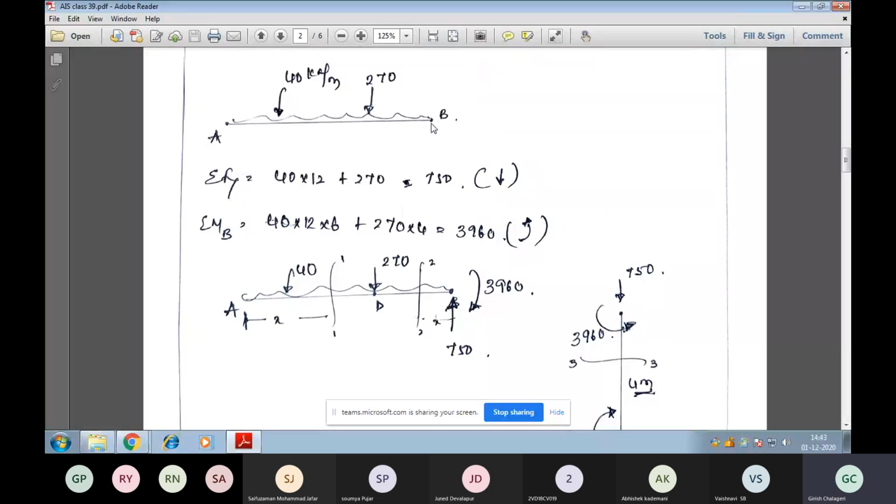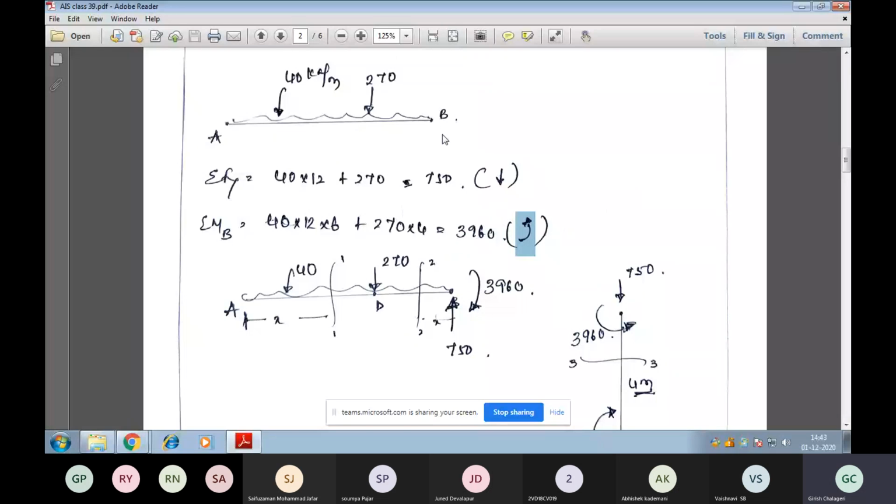Similarly, when we take moment at point B, 40 into 12 into 6 is anticlockwise, and 270 into 4 is also anticlockwise. When we add both anticlockwise, we get 3960. This is actually the moment applied at joint B in the anticlockwise direction.